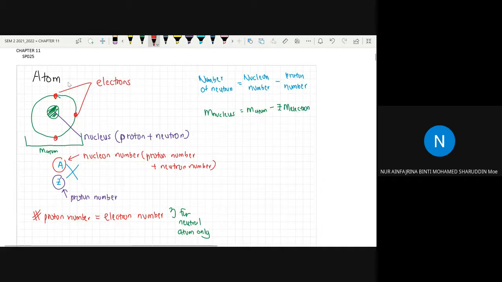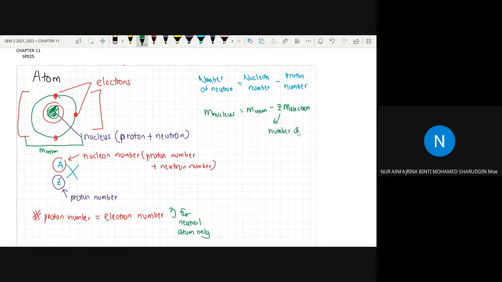Sebab sekarang Miss ada the whole mass of atom, tapi Miss cuma nak mass of nucleus sahaja. So Miss kena get rid of electrons. So Miss tolak number of electrons darab dengan mass of electrons.